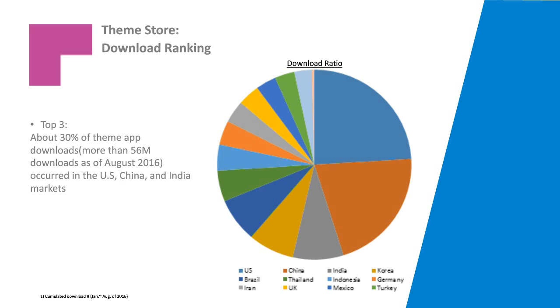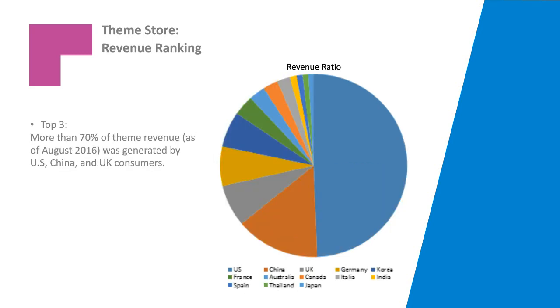There is a comparison chart on the right side of your screen. In terms of paid content, US, China, and UK consumers generate more than 70% of the revenue for the theme store, based on the data we collected till August 2016.